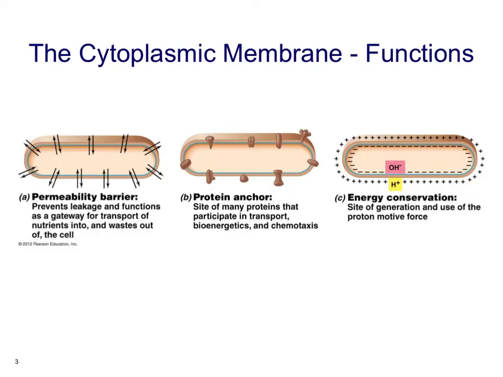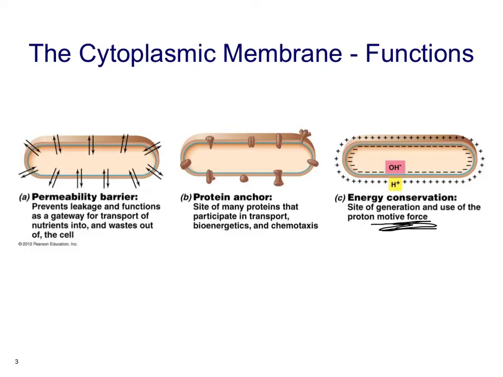Now the function that I want to particularly have you focus on is function C, that of energy conservation. If you think about the electron transport chain and what you know about that, you should remember a little bit about aerobic respiration from your earlier biology classes, and how electron transport chains serve in the process of aerobic respiration, and you should be familiar with the term proton motive force.